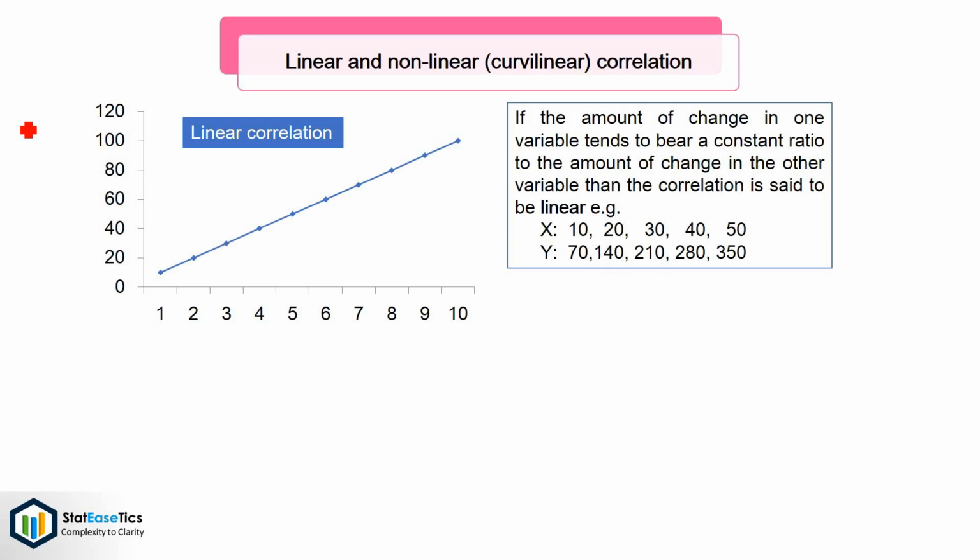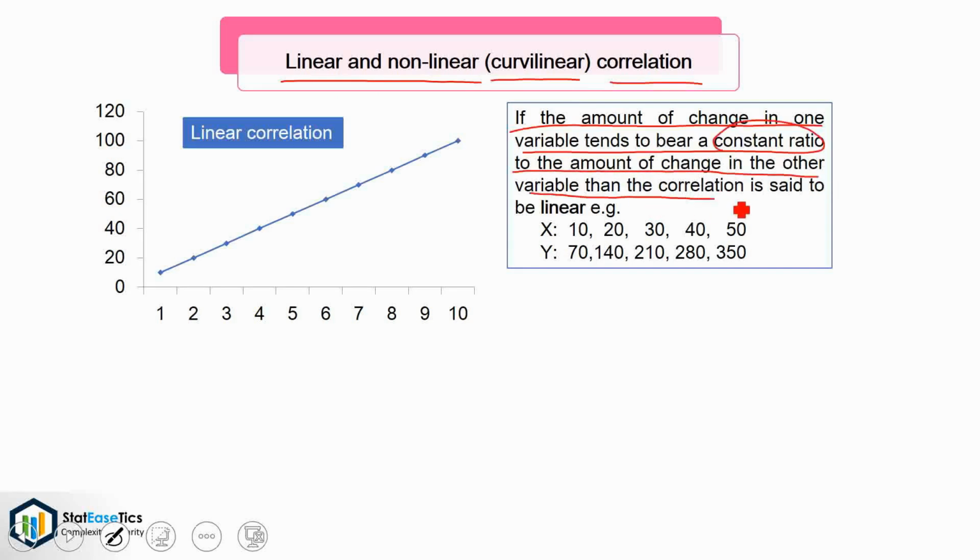Now let's discuss linear and non-linear or curvilinear correlation. If the amount of change in one variable tends to bear a constant ratio to the amount of change in the other variable, then the correlation is said to be linear. For example, here we can see that in case of variable x, the values are at an interval of 10 units, and in case of the other variable, that is y, the values are at an interval of 70 units.